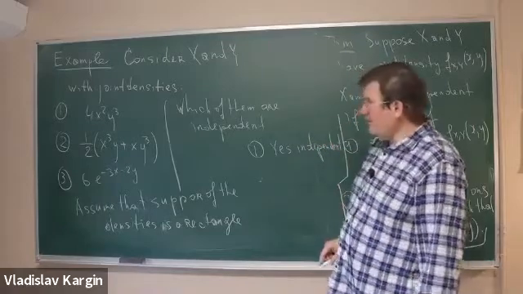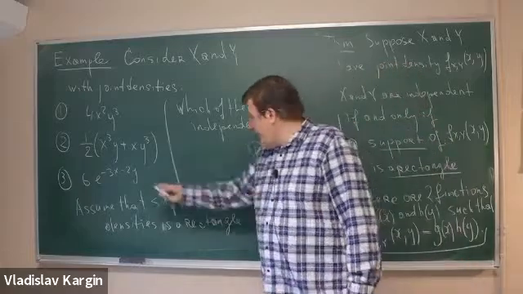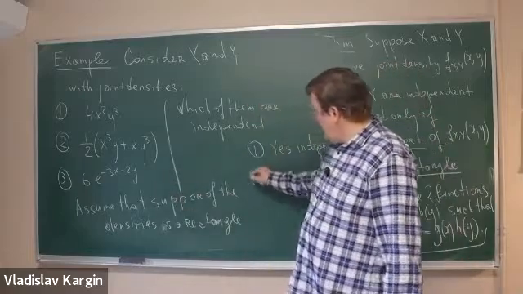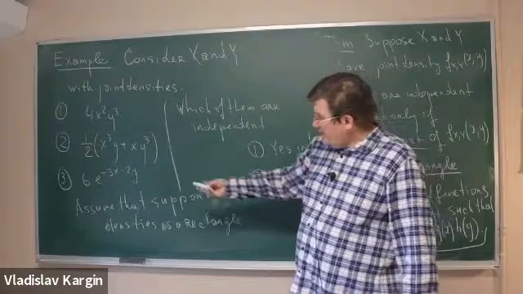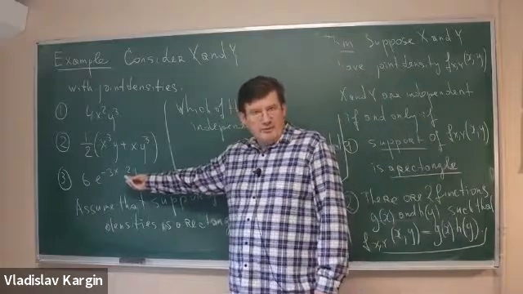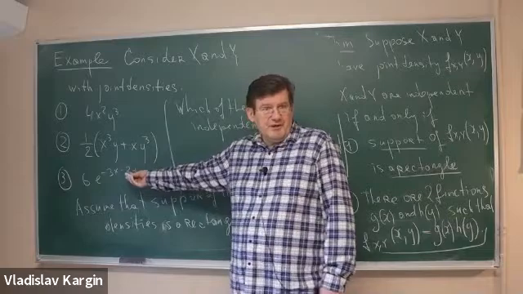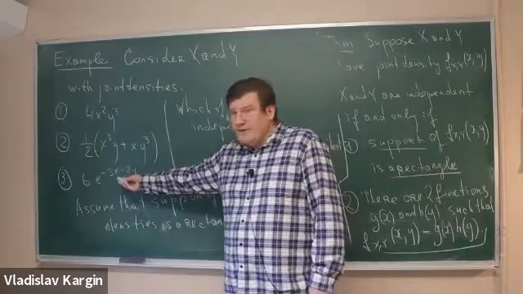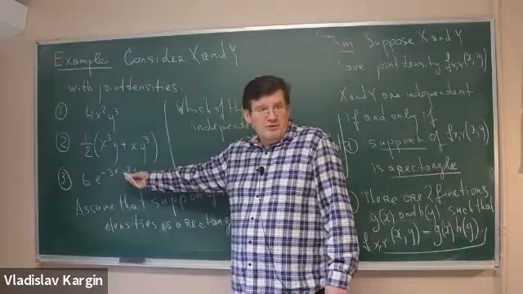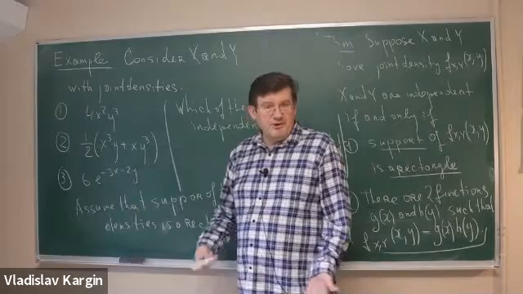And another example is number 3. It's an easy example. It doesn't look like a product immediately, but you know that it is exponentials. So in this case, if these are exponentials, then you can write the sum of exponentials as a product.